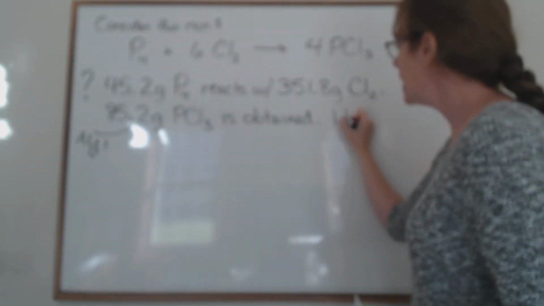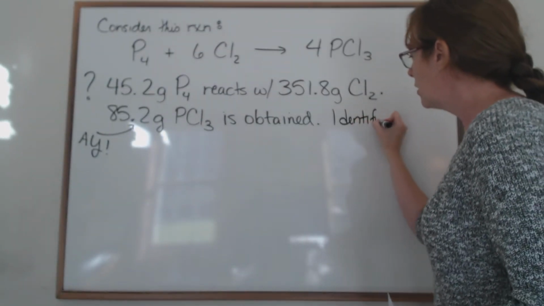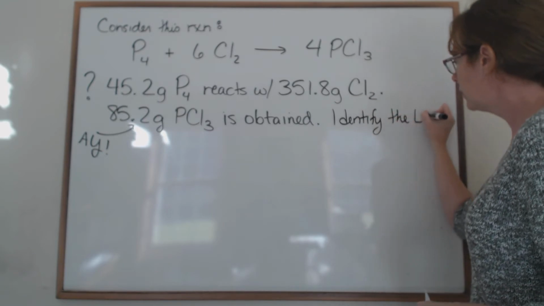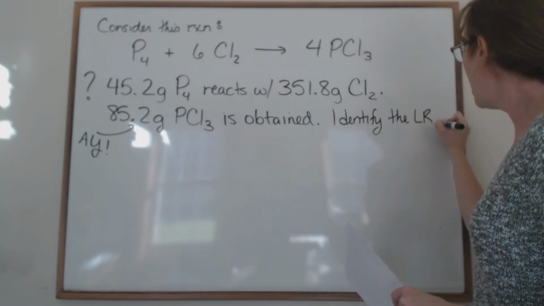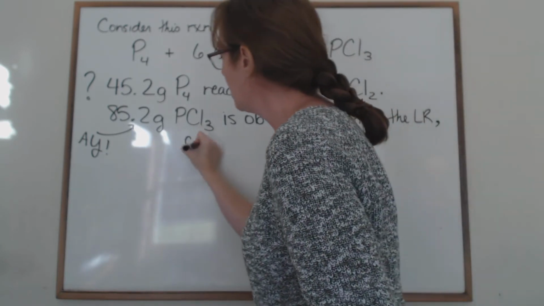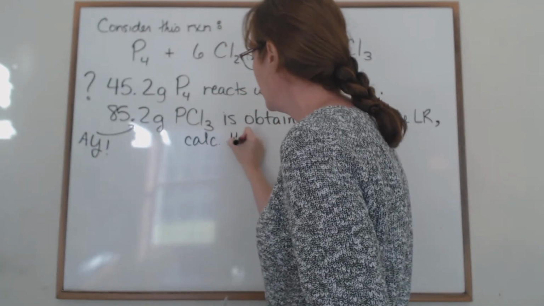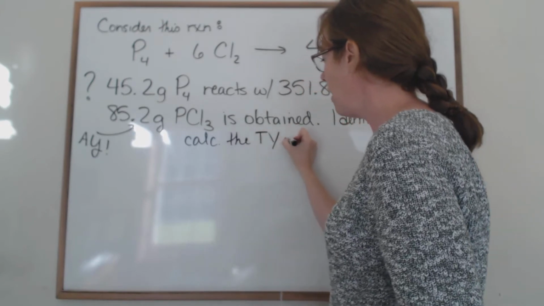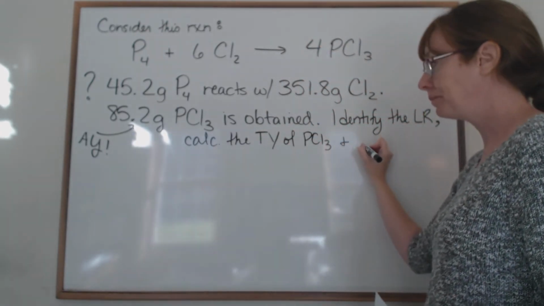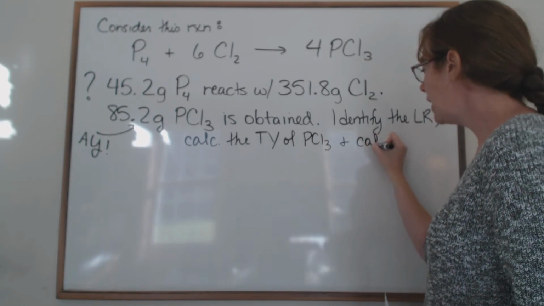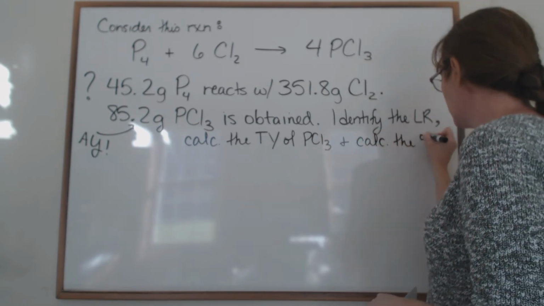The question then says, identify the limiting reactant or reagent, it really doesn't matter what they call it. Calculate the theoretical yield of the product, which is in this case PCl3, and calculate the percent yield.